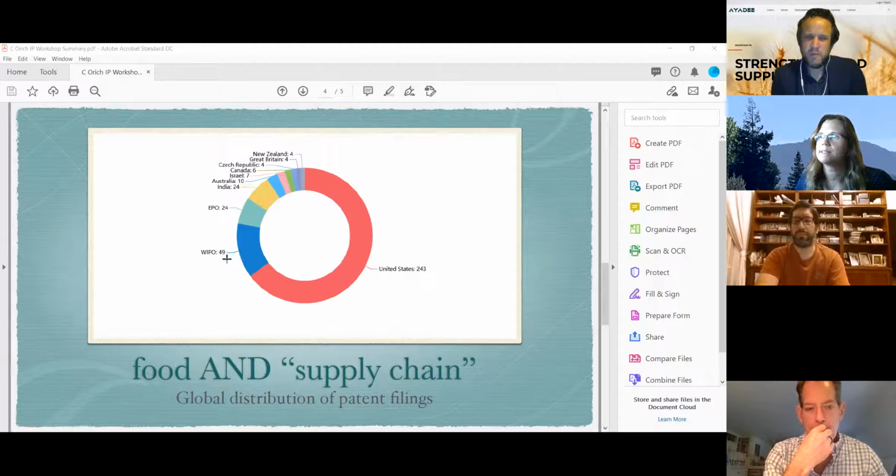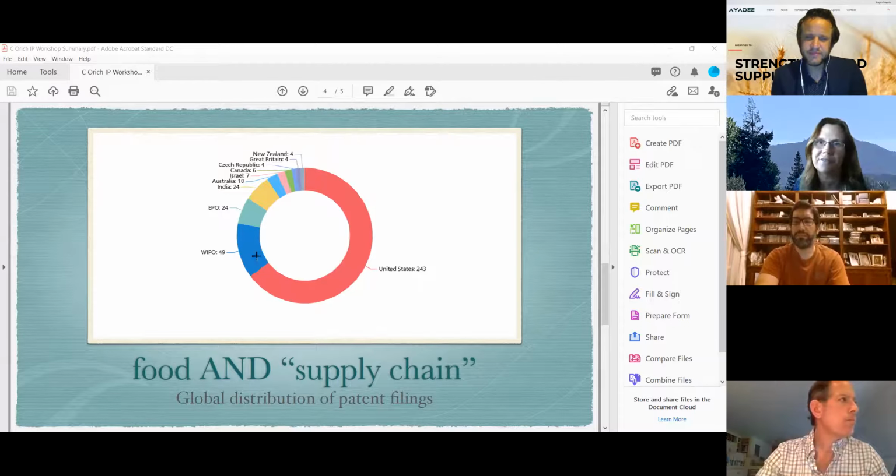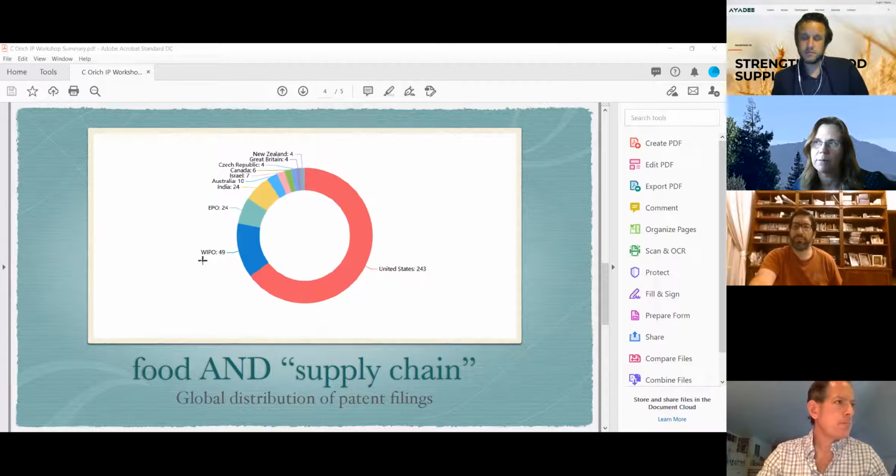WIPO is the international patent office. And this is something I should mention too, if you're not familiar with WIPO: WIPO is the World Intellectual Property Organization. If patent protection outside the US is important to you, you can file what's called a PCT, Patent Cooperation Treaty, patent application with WIPO.